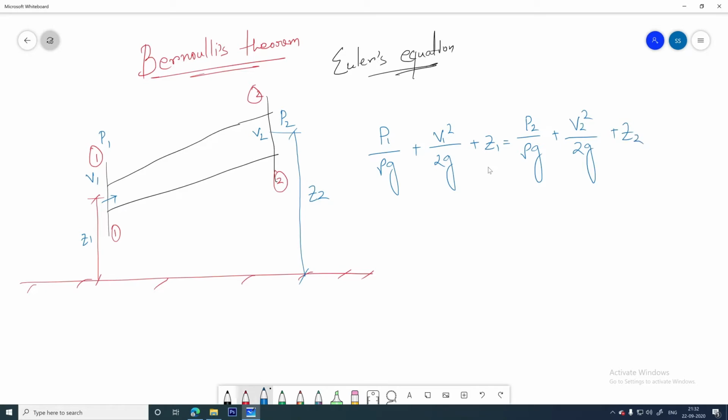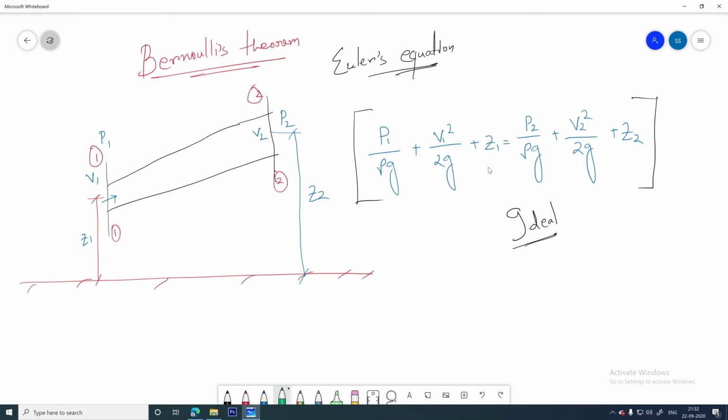Now there are definitely some limitations that I have told in the last class, that is the fluid should be an ideal one, or if it is real, then there will be some losses due to friction.